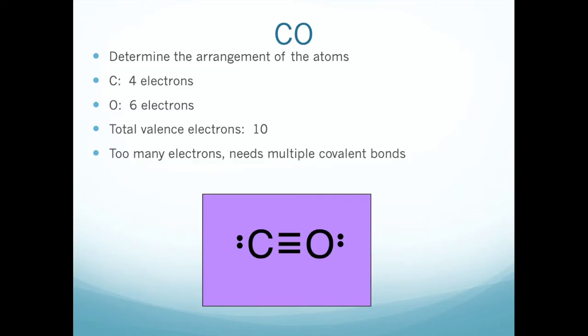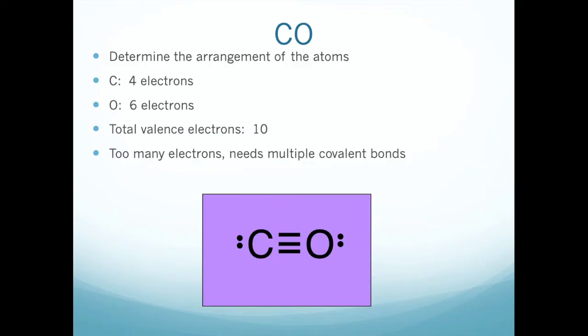Now carbon brings 4 valence electrons to the table. Oxygen brings 6, so the molecule should have 10 electrons in total, which it does. 2, 4, 6, 8, 10 in total. So this is a good Lewis structure, but you probably didn't draw this to begin with. You probably started off with a single bond, like I told you, and lone pairs, and you realized that you had too many electrons.